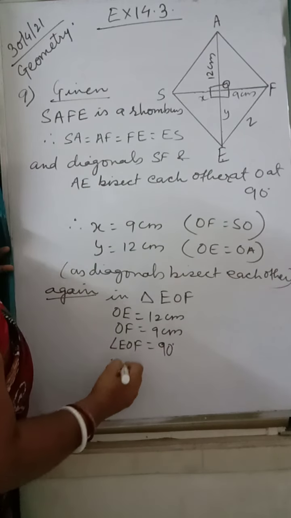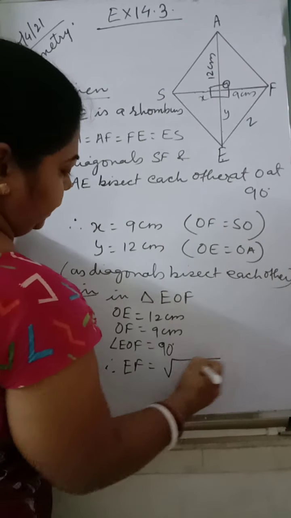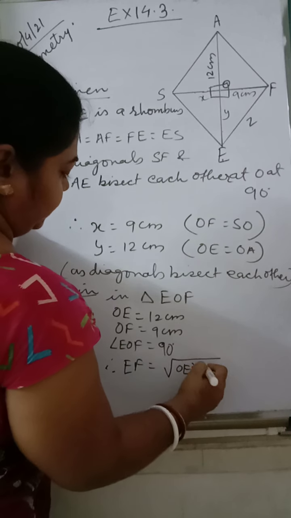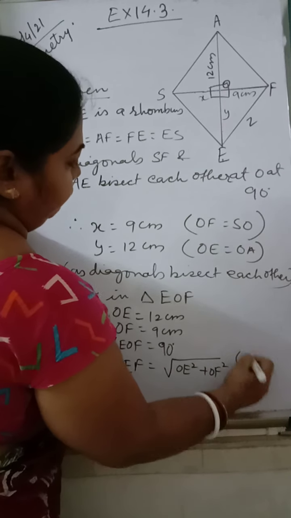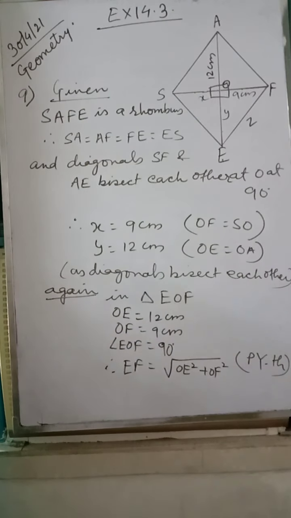So therefore EF is equal to under root OE square plus OF square. We have learned this from Pythagoras theorem. Now EF is represented by z.